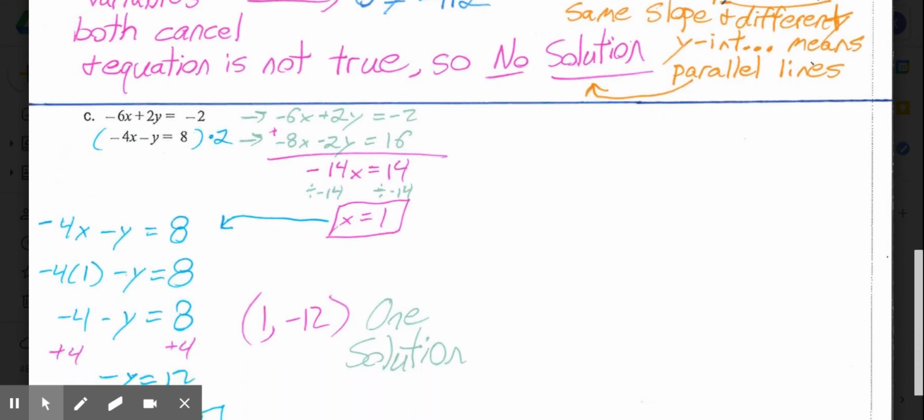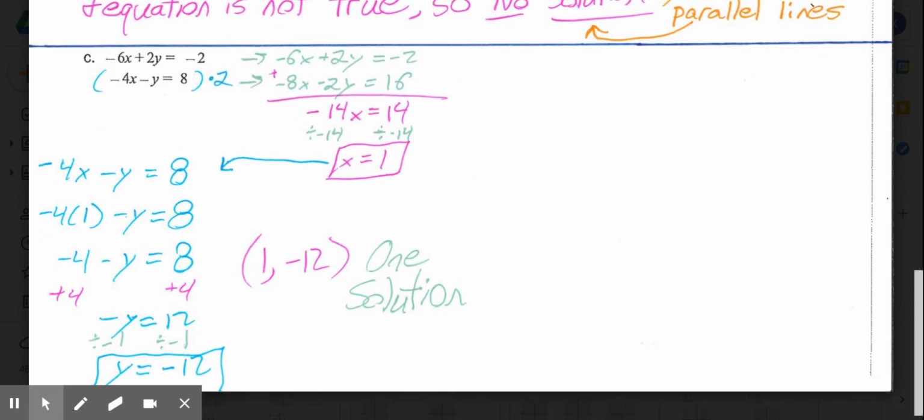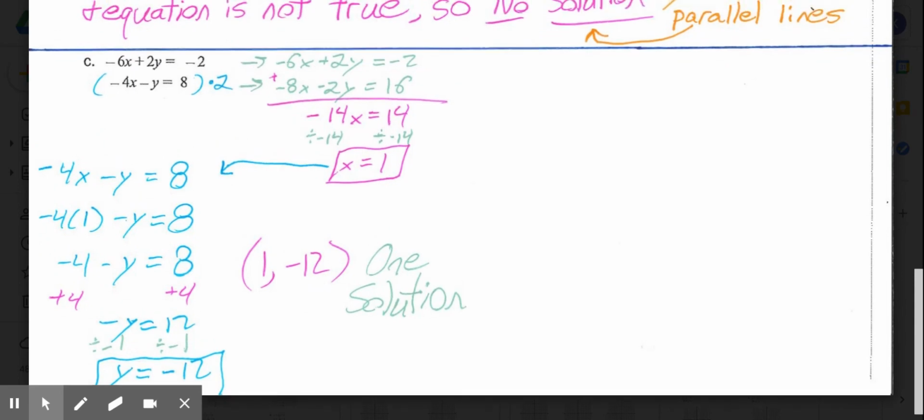And then let's look at example C here. In example C, I only did the combination. In this case, negative 6x plus 2y equals negative 2, and the bottom equation, negative 4x minus y equals 8, I multiplied the bottom equation by 2 in hopes to cancel out my y's and solve for x.